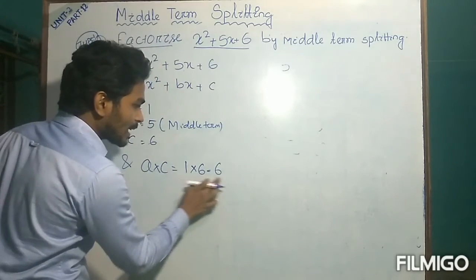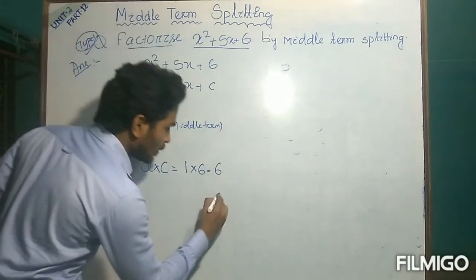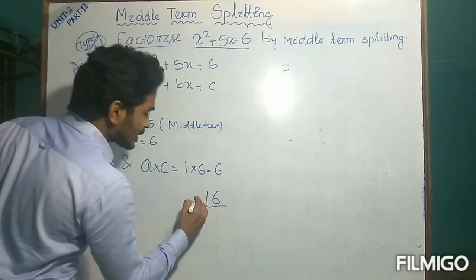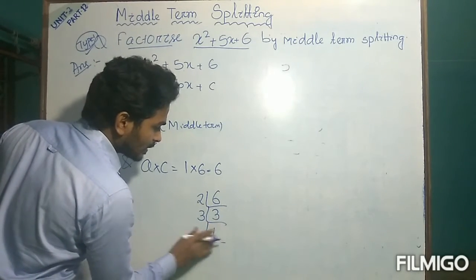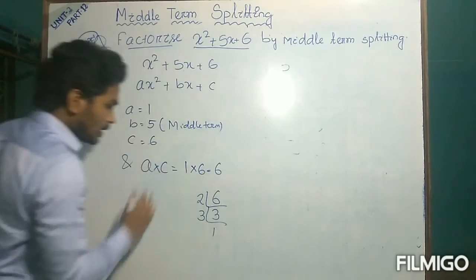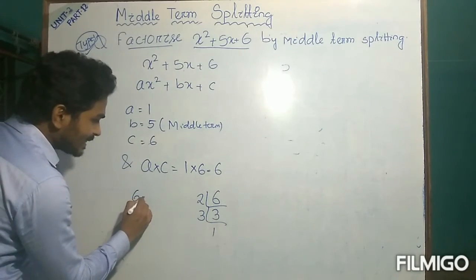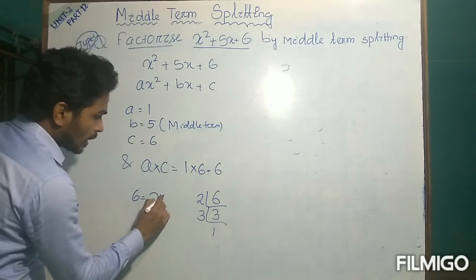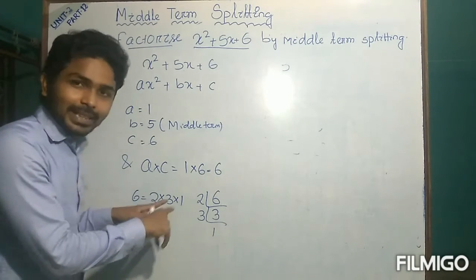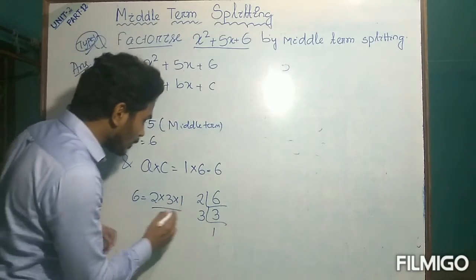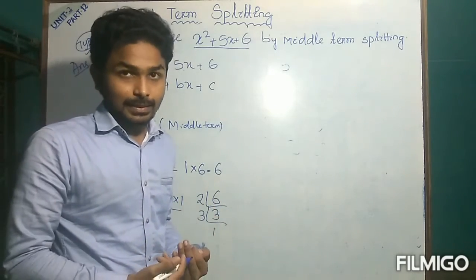So let us factorize this 6. The factorization of 6 is 2, 3, 3, 1, and so we can get 6 is equal to 2 into 3 into 1. So these 3 numbers will be multiplied to give 6.